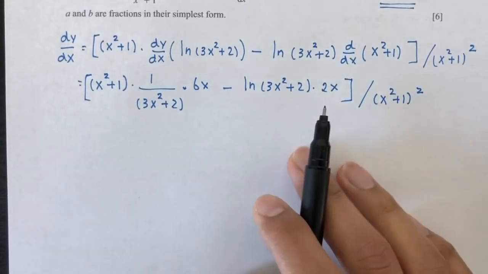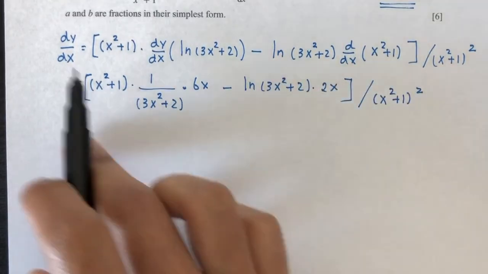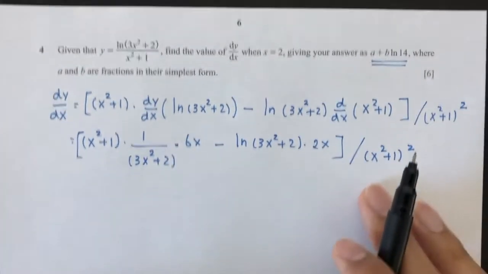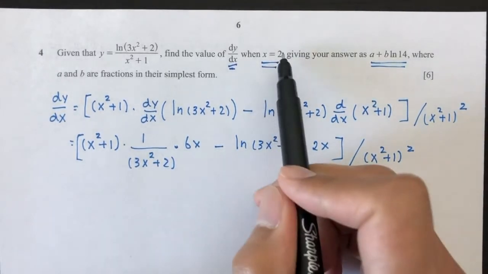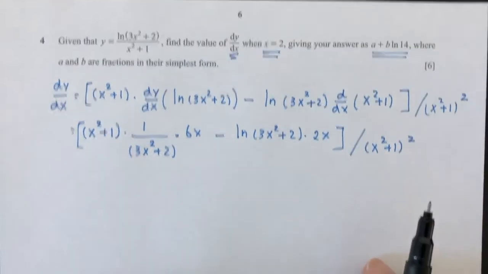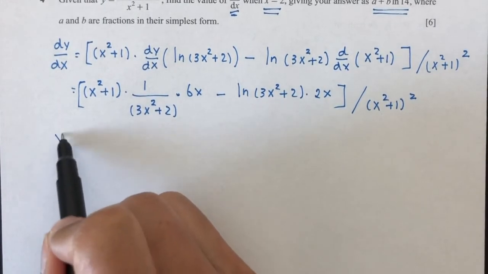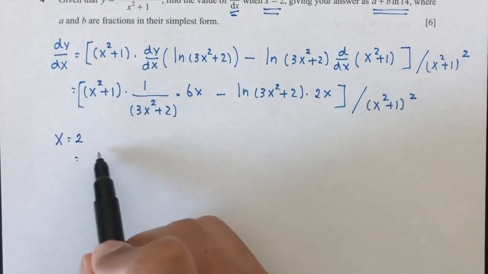So we can just stop here actually, because we don't need to find the exact simplification of this. We just need to find the value of dy by dx when x equals 2. So let's replace x with 2 and see what we get. So now for x equal to 2, let's find the value.